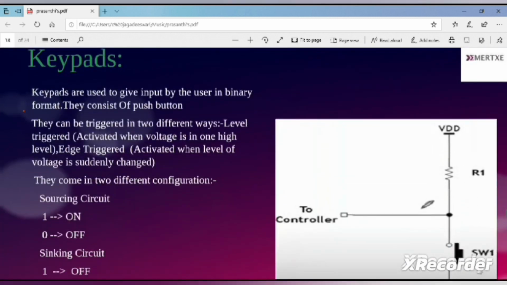Keypad. Keypads are used to give input by the user in binary format. They consist of push buttons. They can be triggered in two different ways: level triggered and edge triggered. Level triggered means activated when the voltage is on high level, and edge triggered is activated when the voltage is suddenly changed.